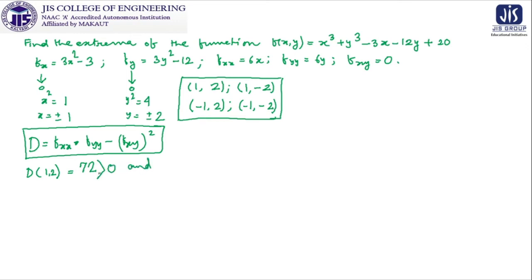So we can decide that an extremum value will exist, and then only we can go for fxx at (1, 2), and fxx at (1, 2) is 6, which is also greater than 0. So it gives us the conclusion that it is going to be a minimum at this critical point, that is, minimum at (1, 2).